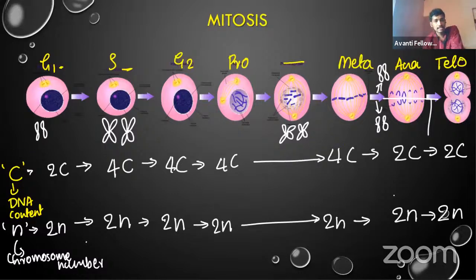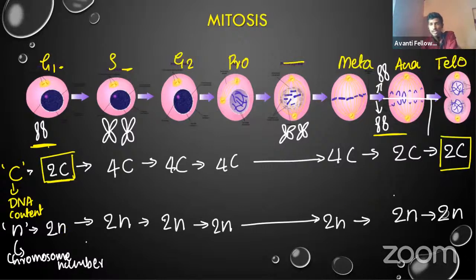Initially in G1, only two chromatids are there, homologous chromatids you can say. Exactly that position it's coming back to. Initially it's 2C and it's again coming to 2C. Initially it's 2N and it's again coming to 2N.